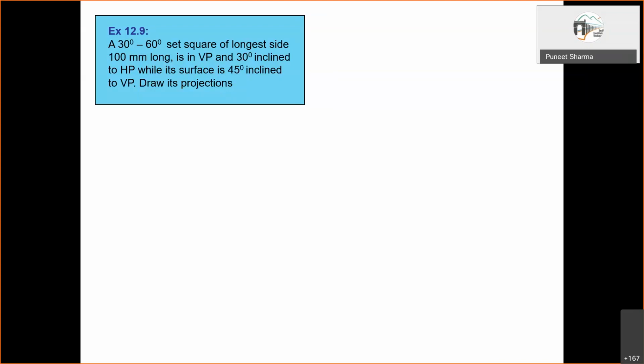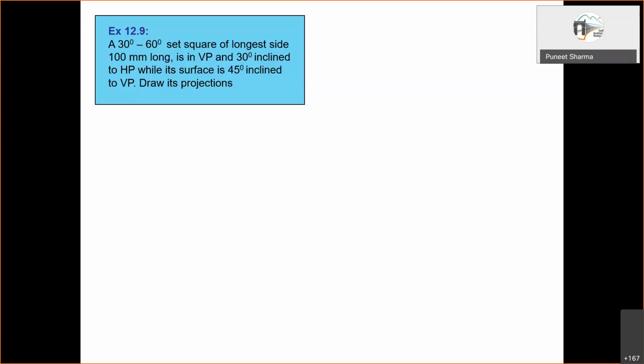So first of all, the longest edge is placed in the vertical plane. The longest edge is inclined 30 degrees to the horizontal plane, and the surface of the set square is inclined 45 degrees to the vertical plane. So you can try to imagine how it is located in the first quadrant with the longest edge in the vertical plane.